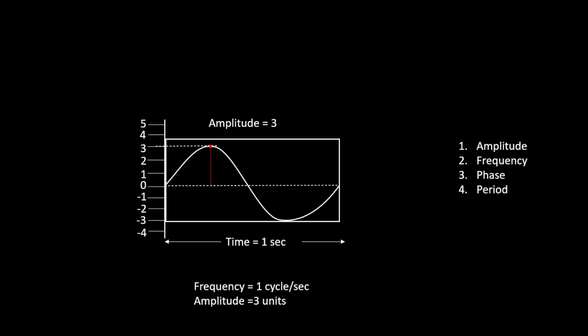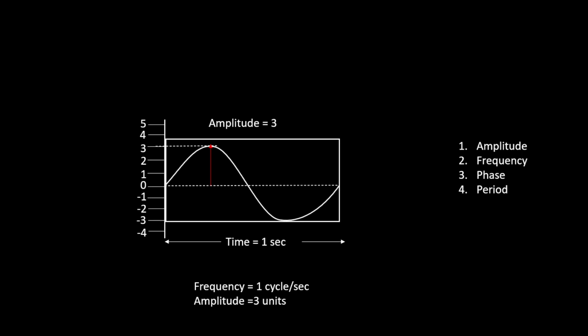Next, the term is phase. Phase refers to the relative position or timing of a wave with respect to a reference point. It describes where a wave is in its cycle at a particular point of time. There can be two identical waves, one of which is shifted by a phase of 90 degrees, and if the phases are different, even though the wave is identical, they will be out of sync.